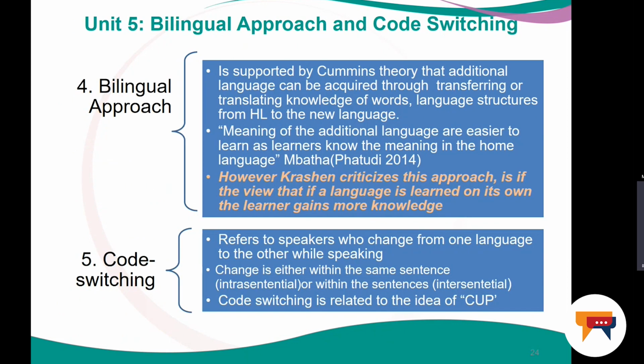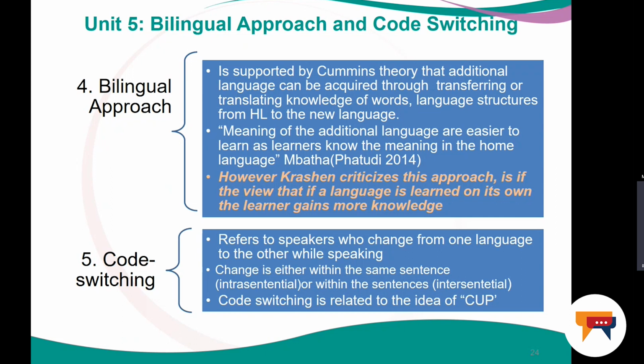Okay, there is the bilingual approach and the code switching approach. The bilingual approach is supported by Cummins' theory that an additional language can be acquired through transferring or translating knowledge of words and language structures from the home language to the new language. However, Krashen criticized this approach.